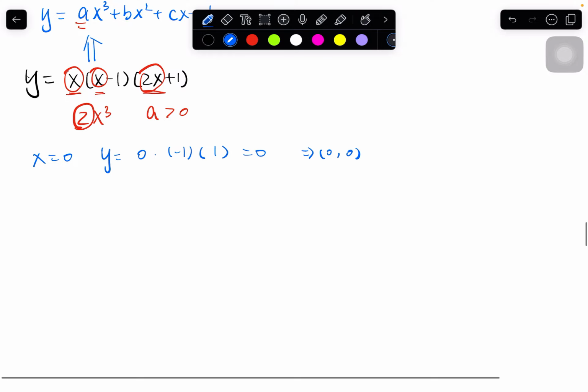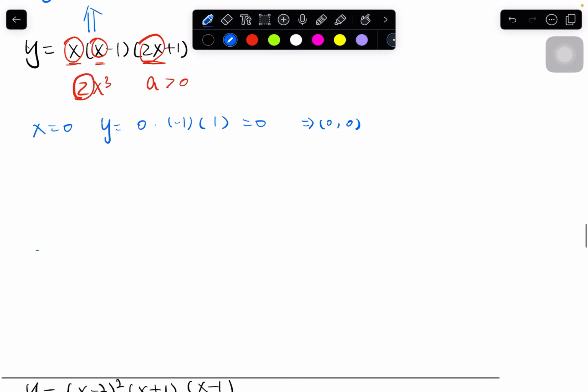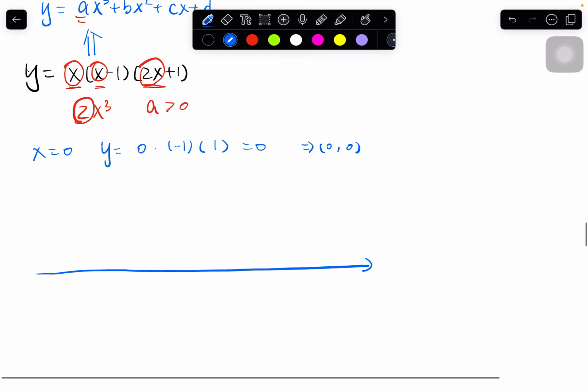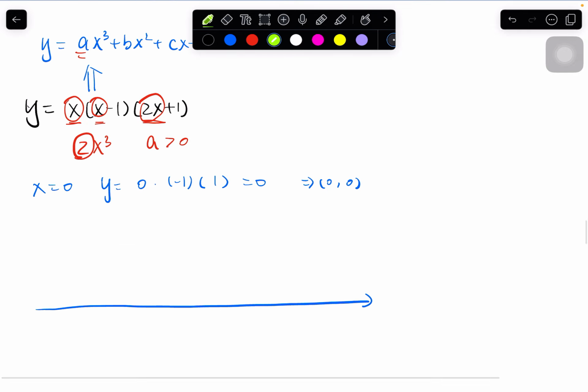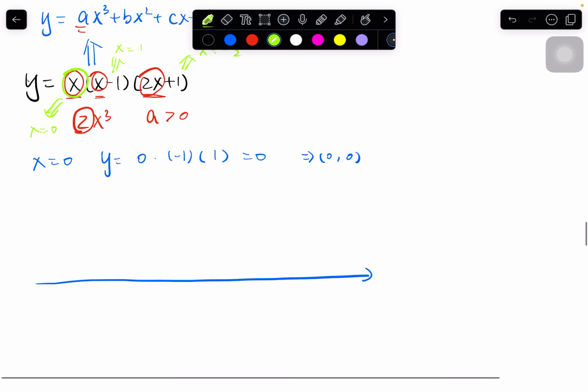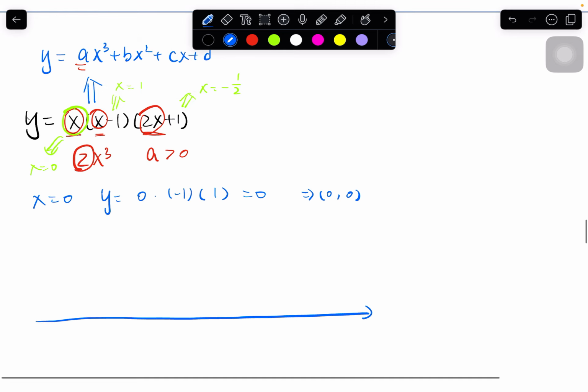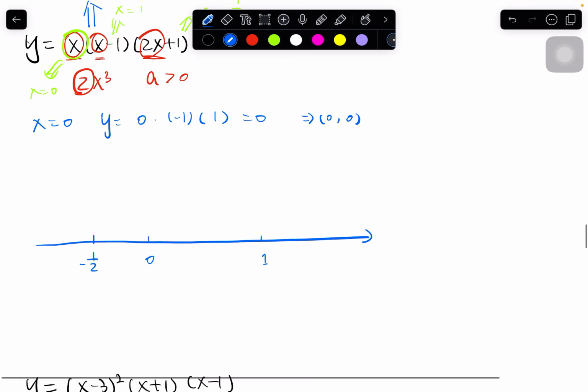Now, the next step, we have to determine the x-intercepts. For this term, we get x equals 0, and this one x equals 1, and this one x equals minus a half. Okay, so now we just need to sketch the 3 points. So the minus a half is the smallest, and then 0, and then 1.